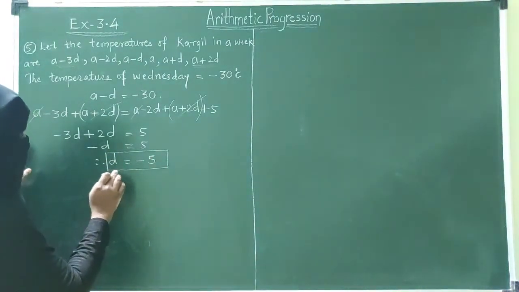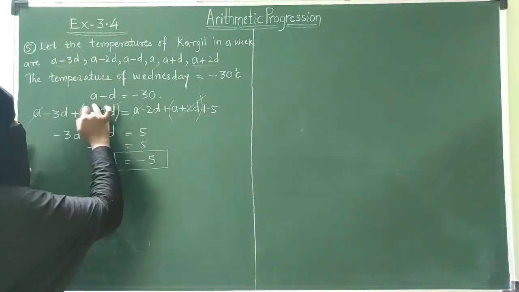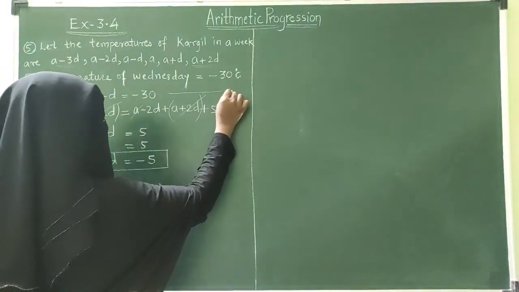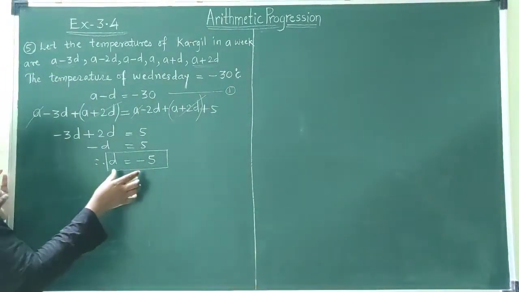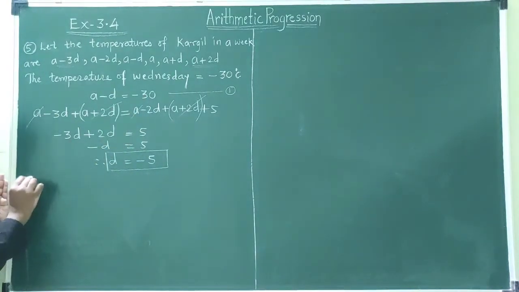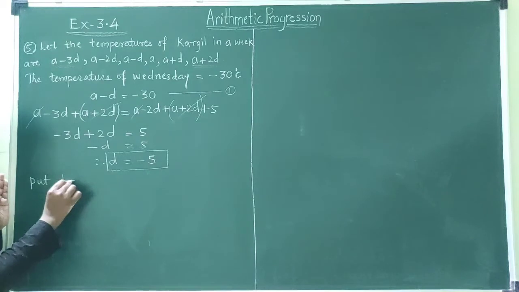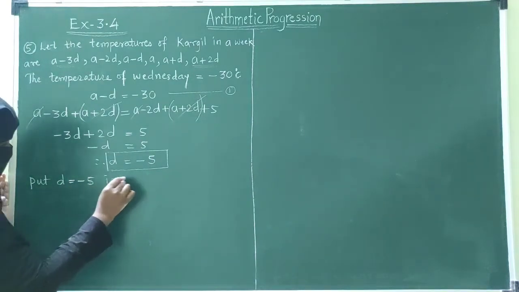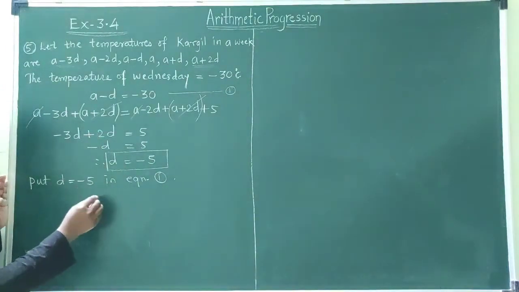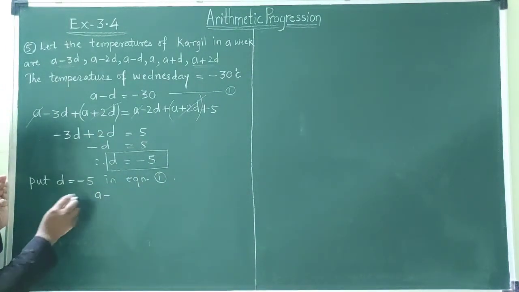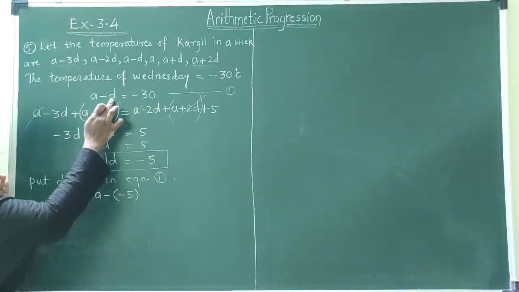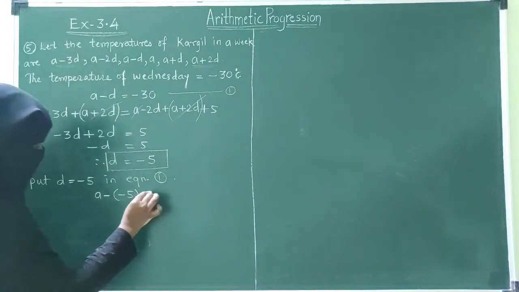Now here we have to calculate the value of A. Wednesday's temperature is given as -30. Now we have to put the value of D in equation number 1. Put D is equal to -5 in equation 1. We get here A minus value of D -5, A minus (-5) is equal to -30.